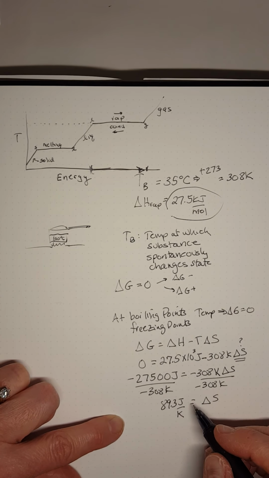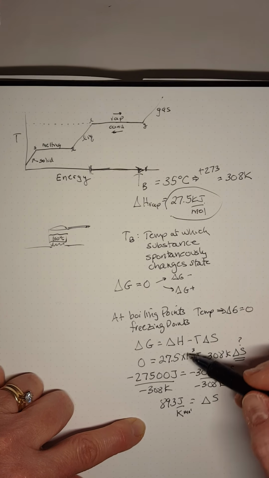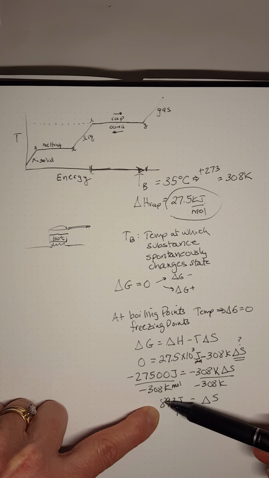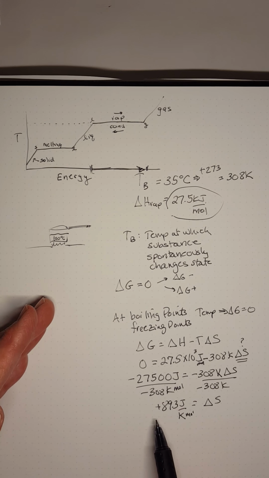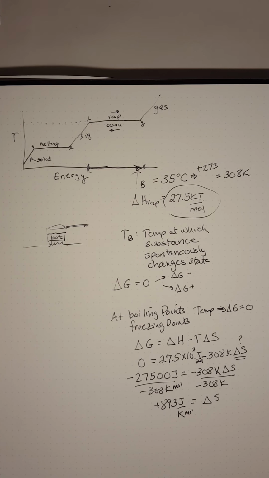Technically it should be joules per mole Kelvin, because the heat of vaporization was per mole. And that's how you do that. And look, we went from liquid to gas, so delta S should be positive, and we got a positive delta S, because anytime you go from liquid to gas, your delta S of your system should be a positive number.